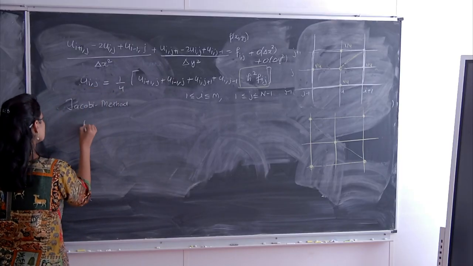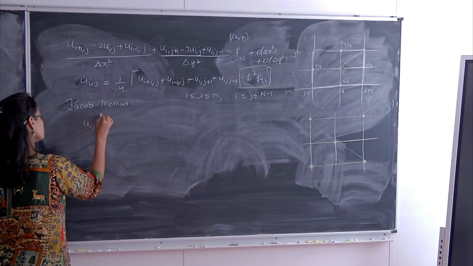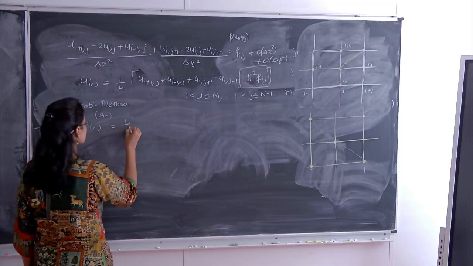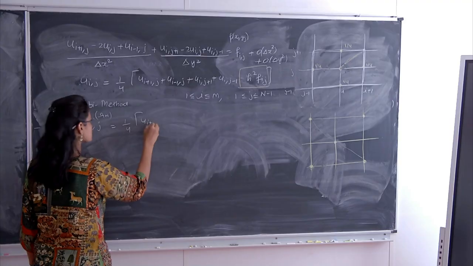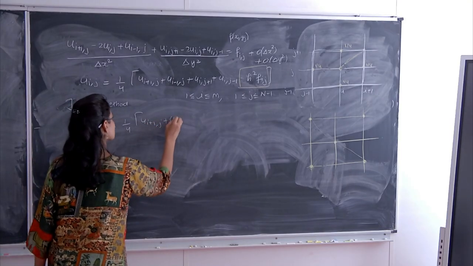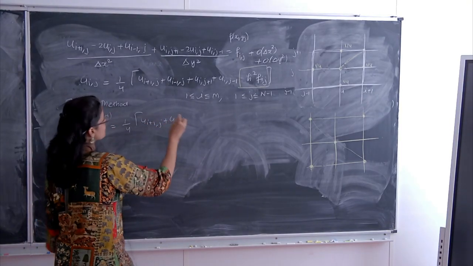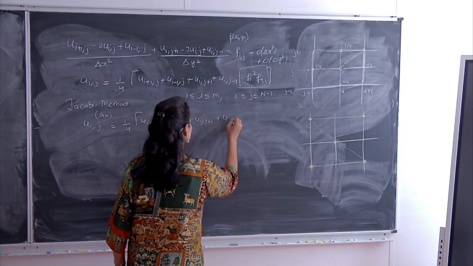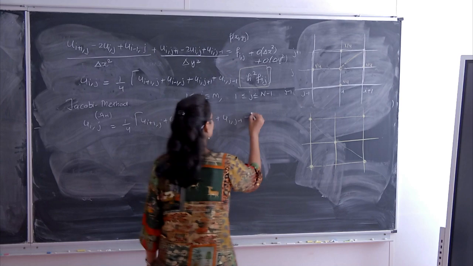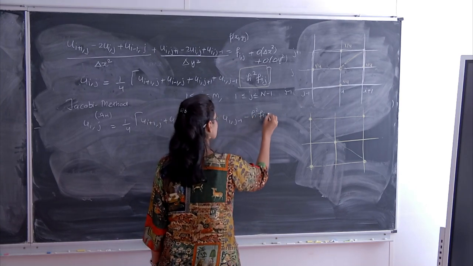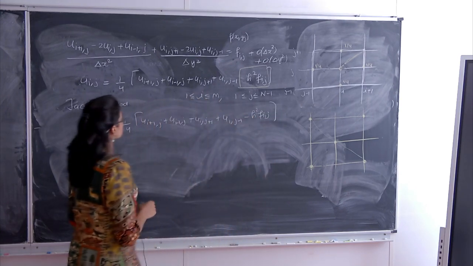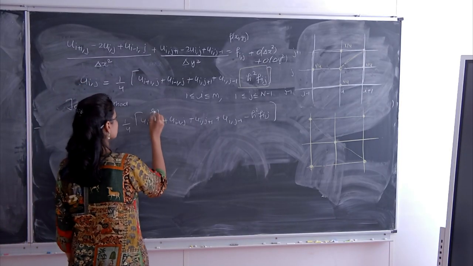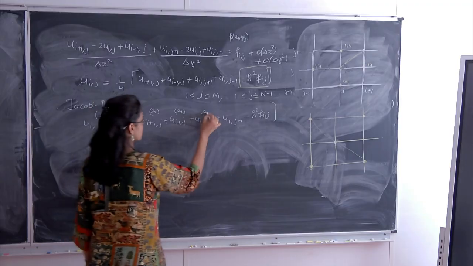We can write u_ij at the (r+1)th iteration equal to 1 by 4 times u_(i+1)j plus u_(i-1)j plus u_i(j+1) plus u_i(j-1) minus h square f_ij. Here this is the (r+1)th iteration, and let me write down that this is the rth iteration.